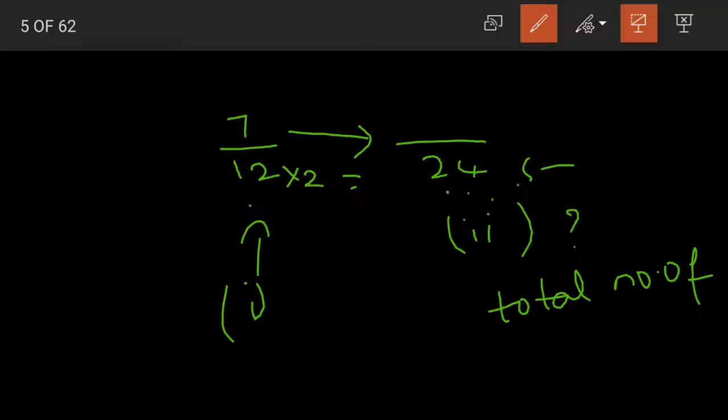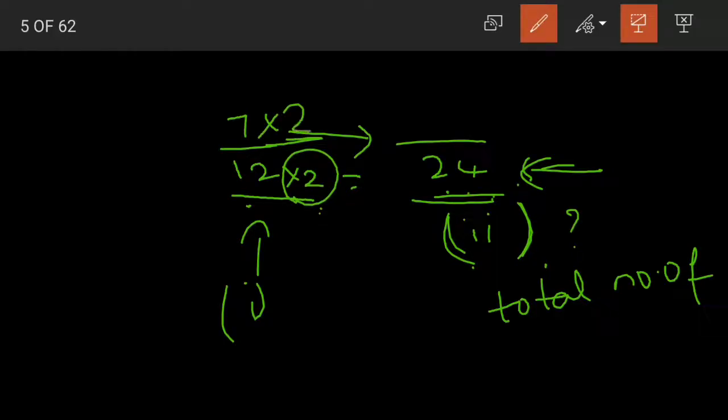Yes children, to find out the equivalent fractions, we multiply the numerator and denominator by the same number. Yes, so when we multiply the denominator by 2, we get 24, which is the denominator for the second figure. Now as we have multiplied the denominator by 2, we have to multiply the numerator also by 2.